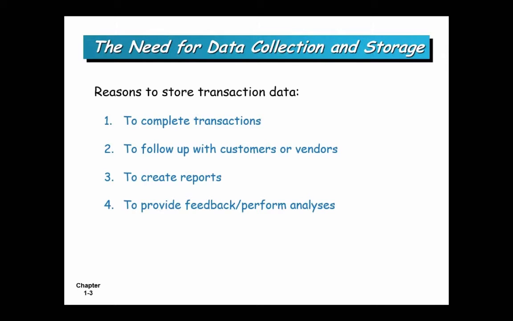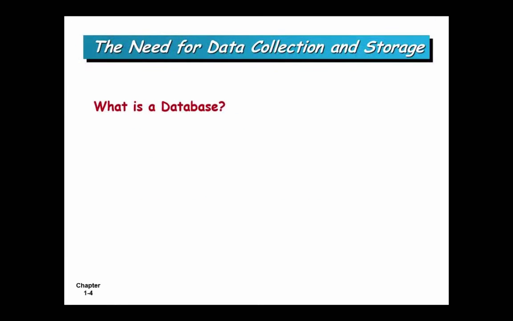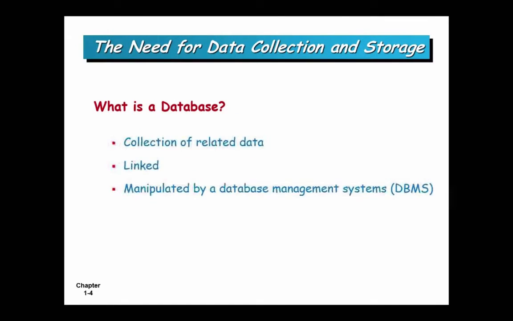So it's clear that you have to store your data. That shouldn't be a surprise. So what's a database? It's a collection of related data. A database has many different files. It has employees and customers and inventory all together, interrelated with each other.